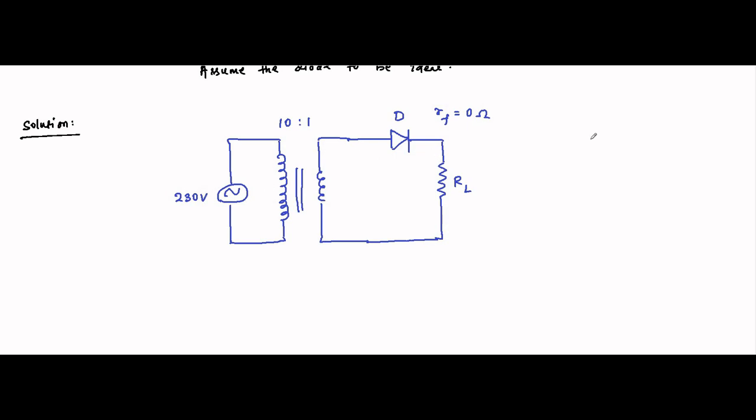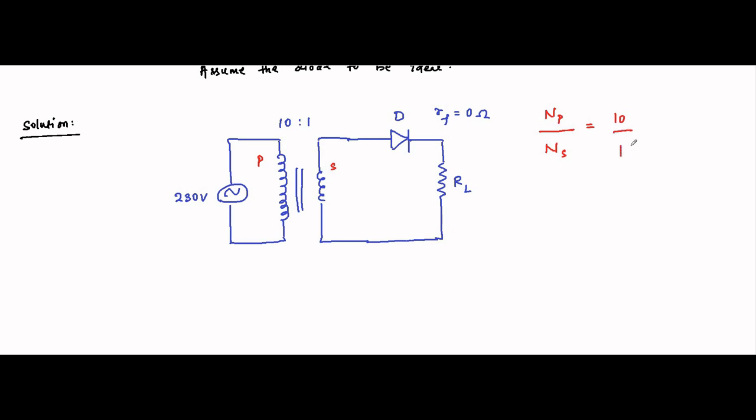Now here, this is the primary winding, this is the secondary winding. Here turns ratio means number of turns of primary winding to number of turns of secondary winding is equal to 10/1.